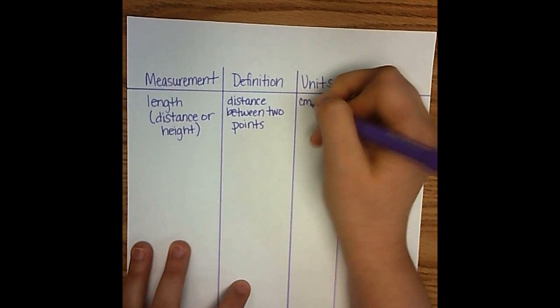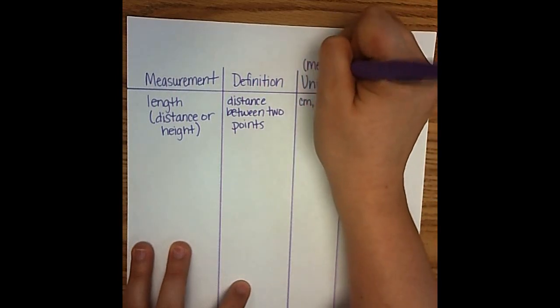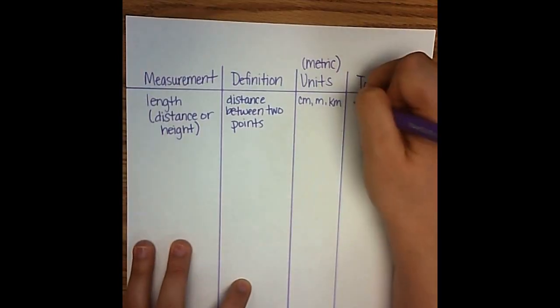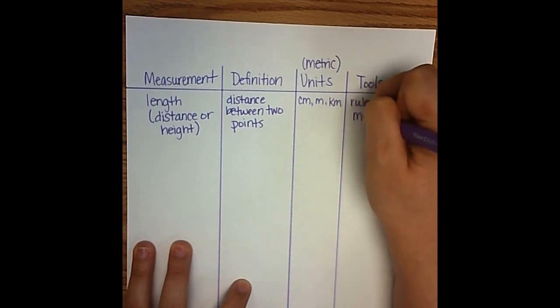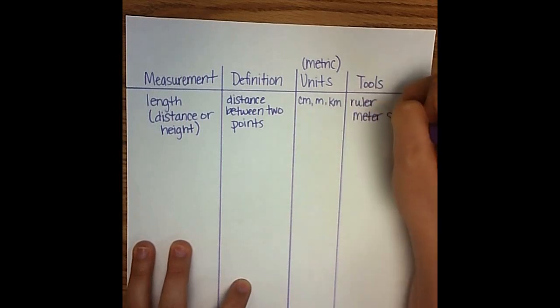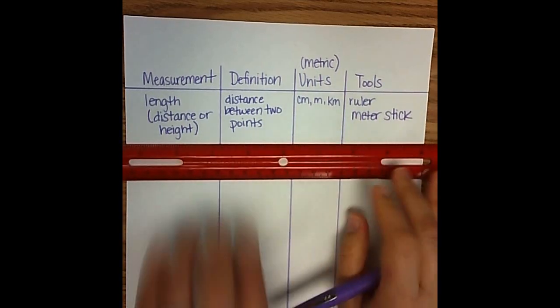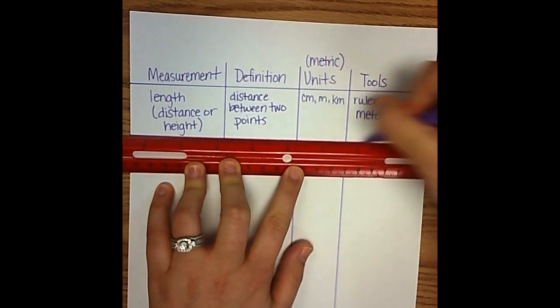Okay, so we use the metric system. Alright, now the tools that we use, we can use a ruler or a meter stick. Okay, so one type of measurement that we would do is length.